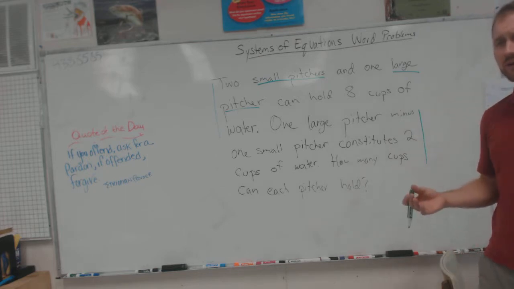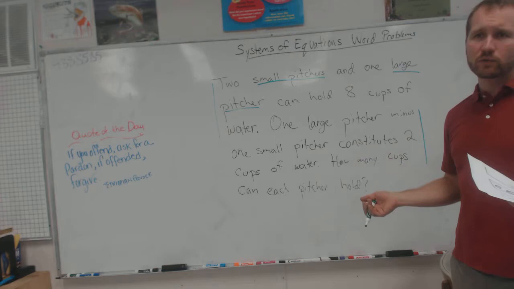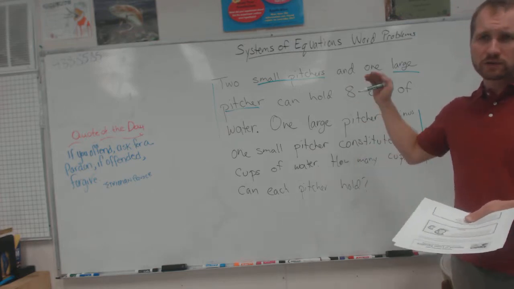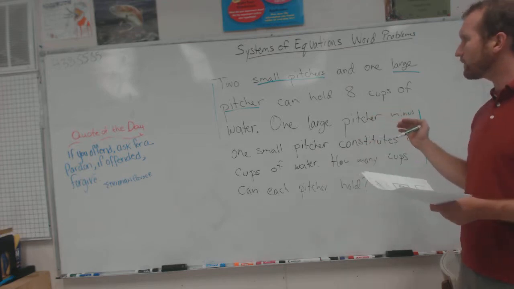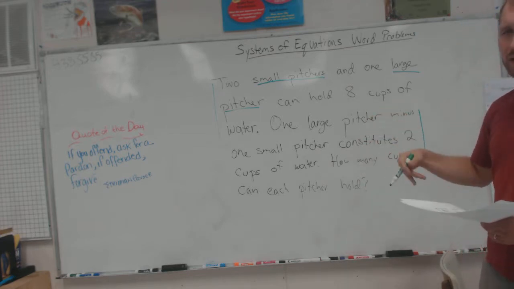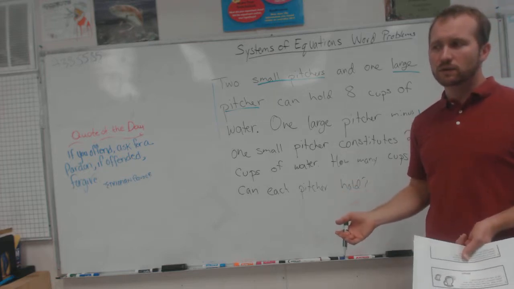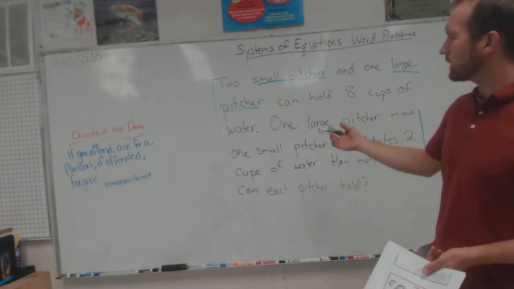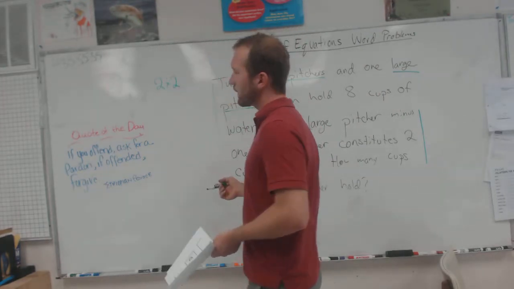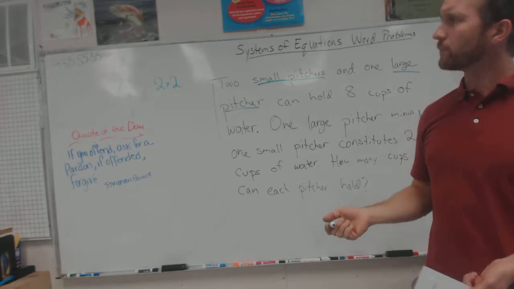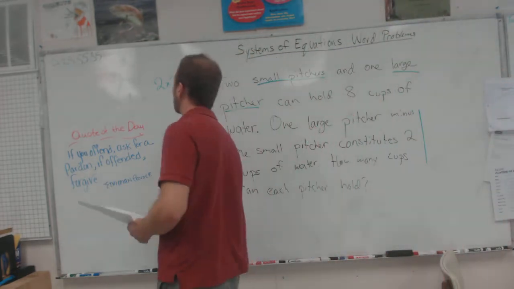You could have 3 variables and 3 sentences, 4 variables, 5 variables, 6 variables. As long as you have enough information, you can solve all of those types of problems. So this is what's called a 2-by-2 system. That means there are 2 variables and 2 equations, 2 variables and 2 sentences in our work.